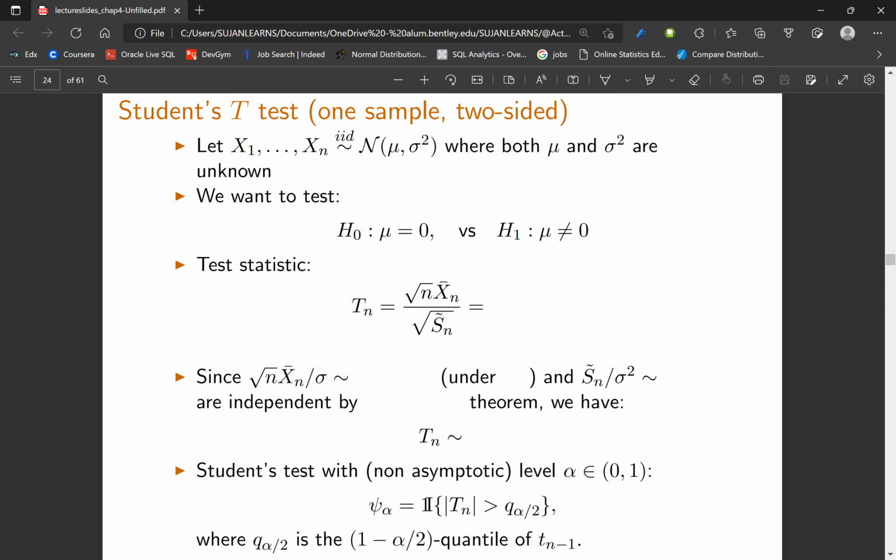Today, we'll be talking about student's t-test, the one-sample versus two-sample method.